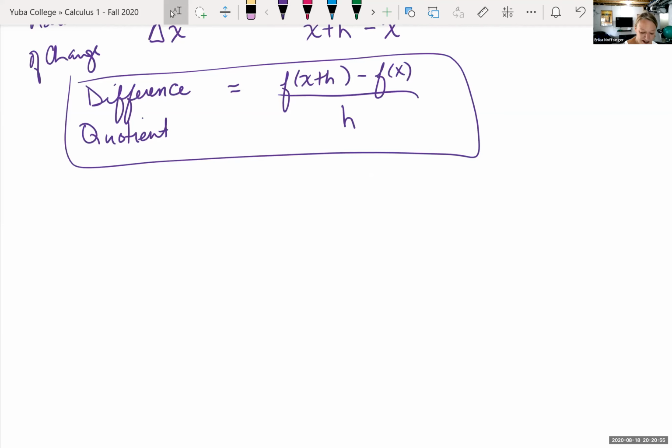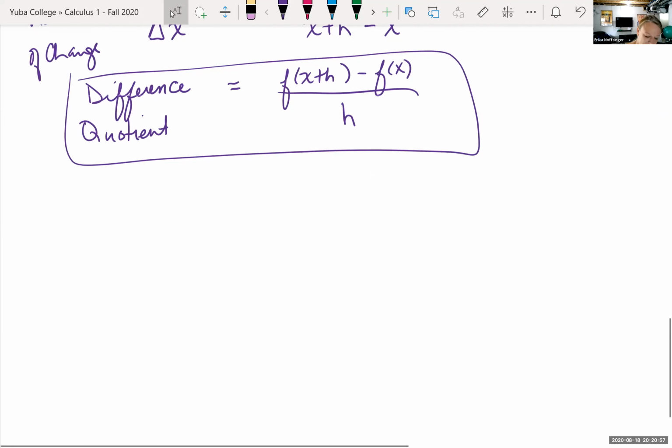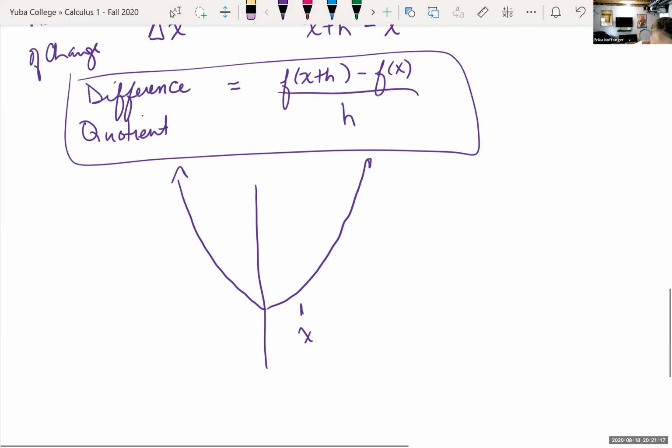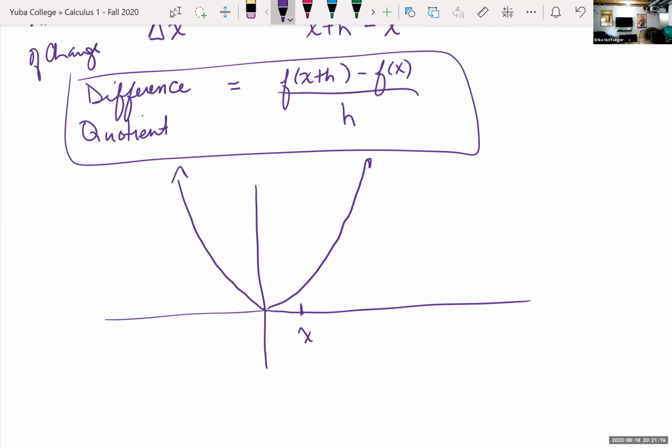Really what this is wanting us to do, again, it doesn't matter what our graph looks like, but let's again look at a parabola. So let's say this was x. Let's just go out here, maybe not that far. And let's say that this distance in here is h.